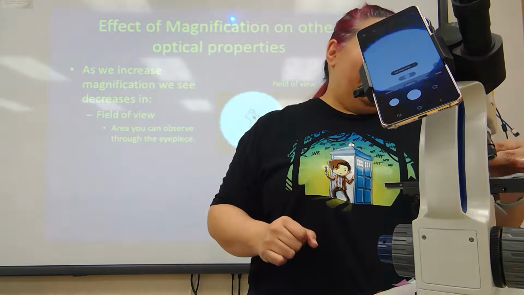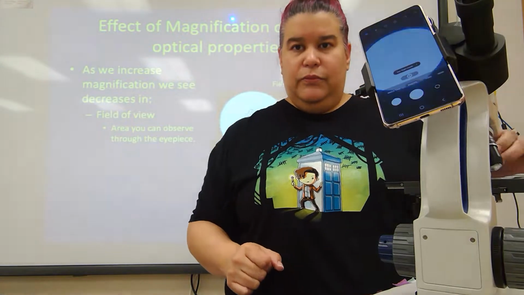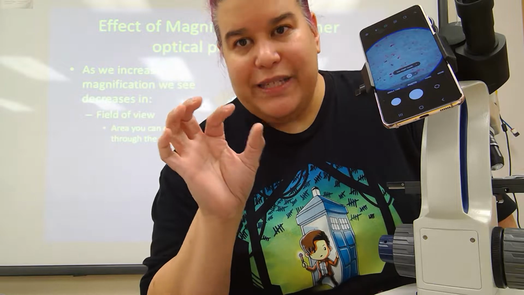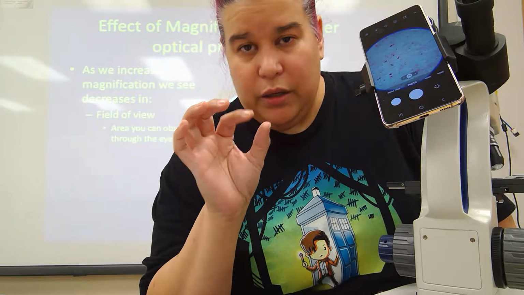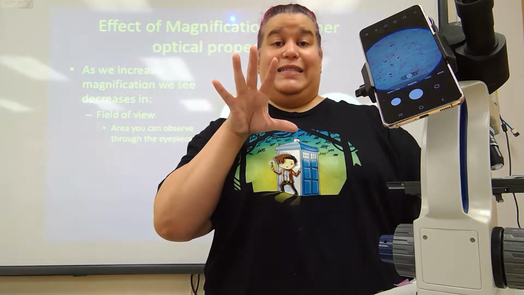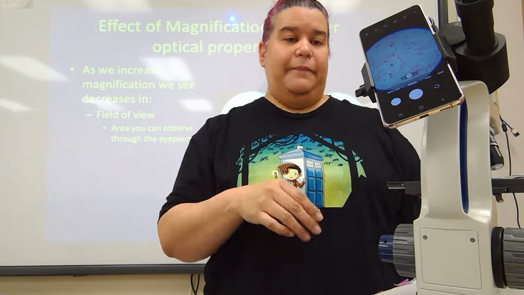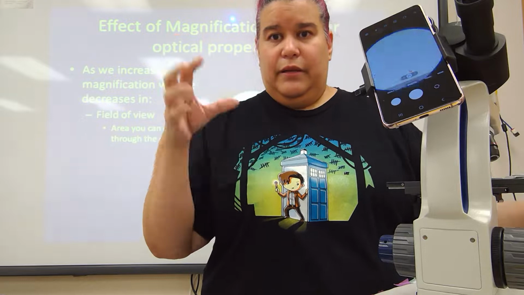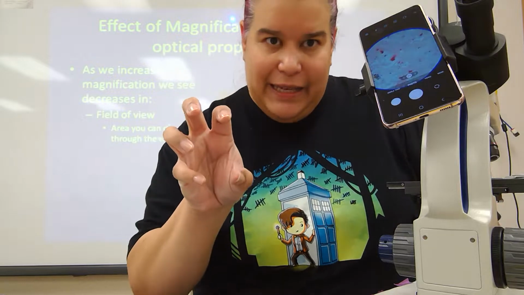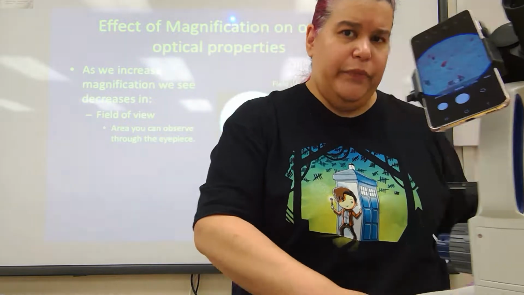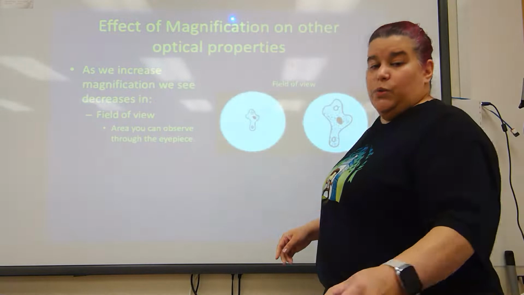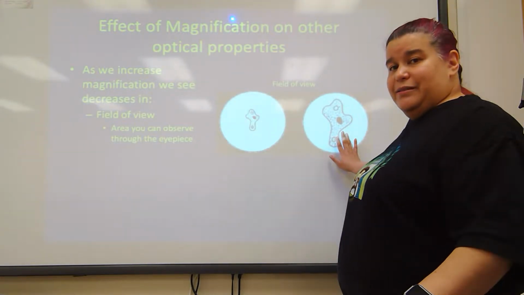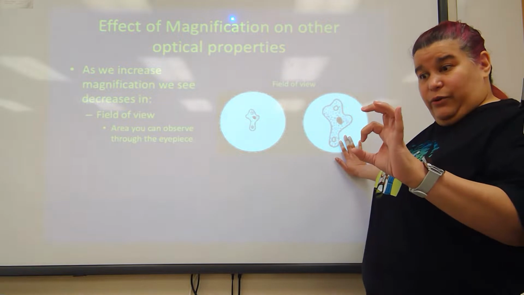If I were to go back down to 4x, you'll notice that the objects are now a lot smaller because I have increased the distance from them. Okay? As I zoom in, the amount of space I'm seeing is actually getting smaller. So when we talk about the field of view, as magnification increases, the field of view actually narrows.